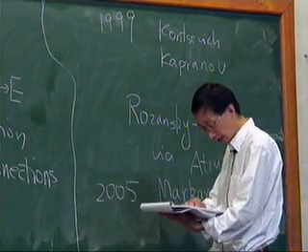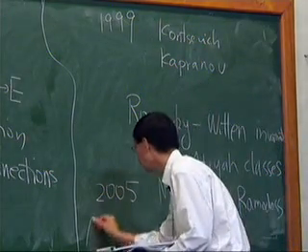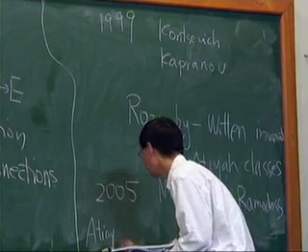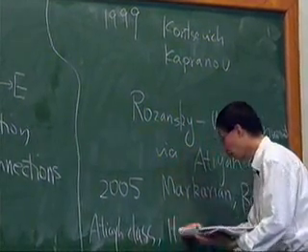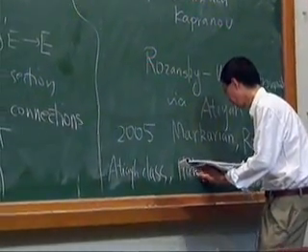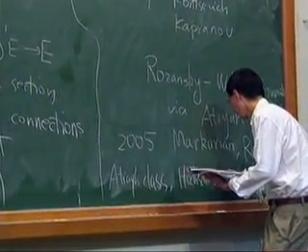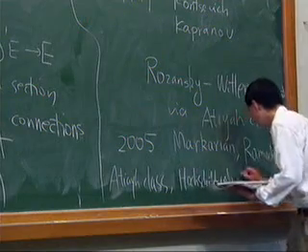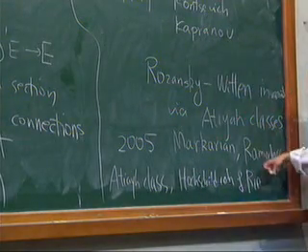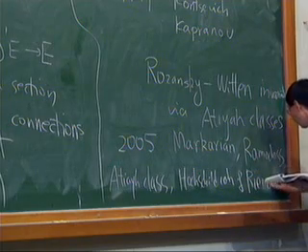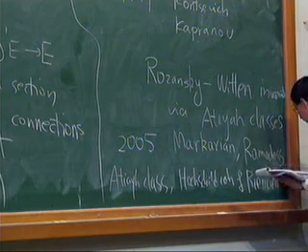This paper is on arXiv, and it's Atiyah class, Hochschild cohomology and the Riemann-Roch theorem. Basically, they came up with a new proof of the Riemann-Roch theorem.